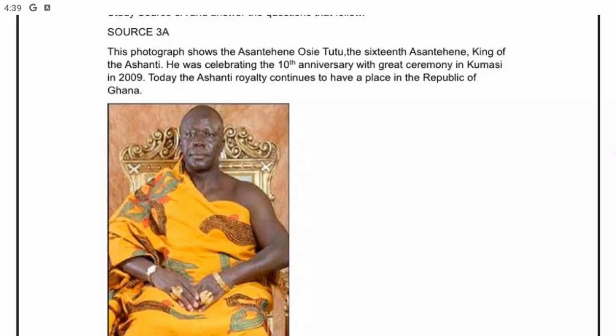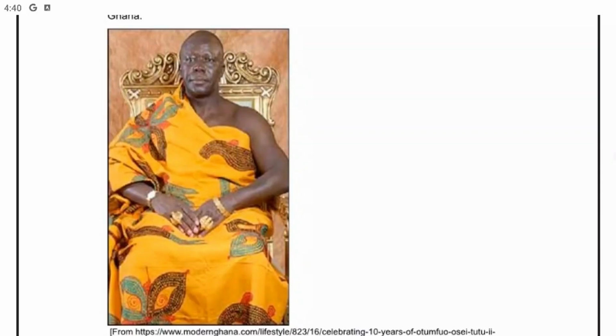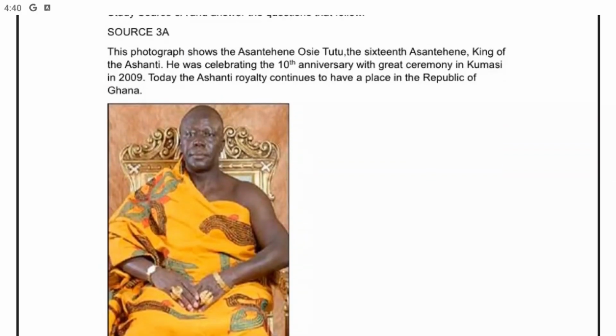He was celebrating the 10th anniversary with great ceremony in Kumasi in 2009. Today, the Ashanti royalty continues to have a place in the Republic of Ghana. So this is Asante Hene Osei Tutu.